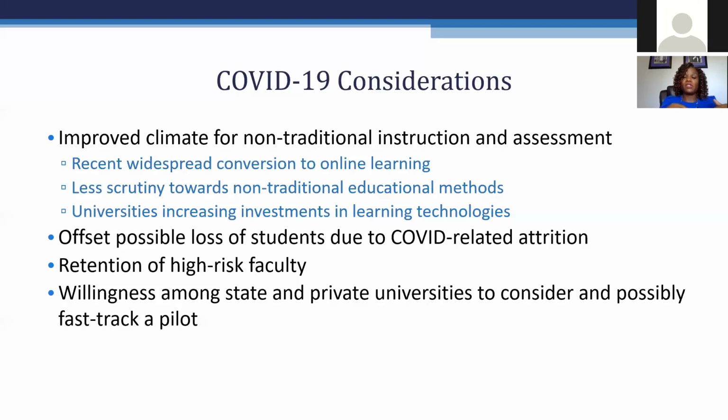So with so many job closures, furloughs, layoffs, et cetera, there might be students that just no longer have the financial means to continue their education. So we might be losing some enrollment based on just COVID-related attrition. But by implementing and effectively marketing PLA programs, we might be able to offset that loss by gaining new students just based on the opportunities that we're presenting for their prior experiences to be considered for credit.